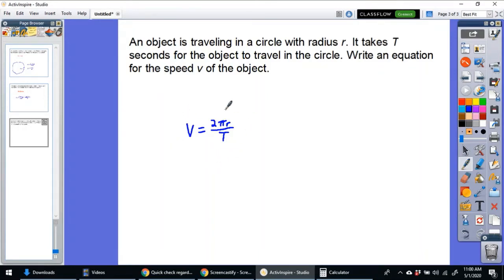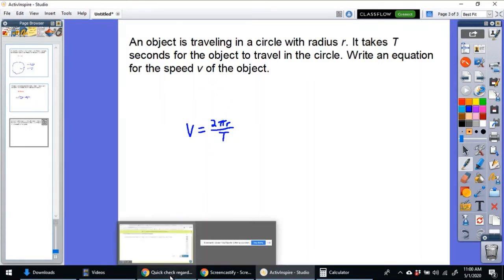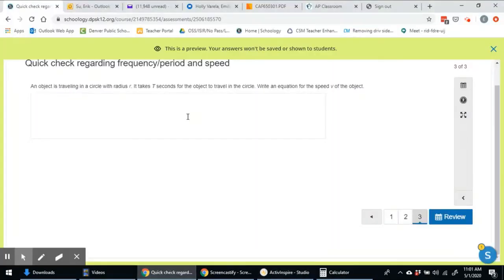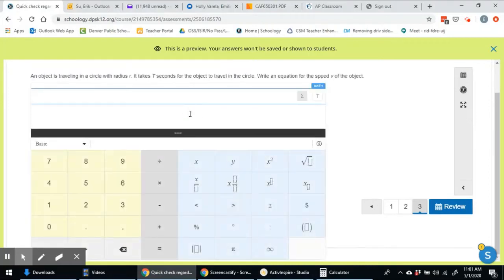So let me show you how this looks on the Schoology question, because you're going to be expected to type in equations on the actual test on Friday. So you need to know how to type that in here, for example. Here I'm expecting you to type in that equation I just showed you, v equals 2 pi r over capital T. So you just start typing in this equation like v equals, and then you'll see you have all these little functions here.